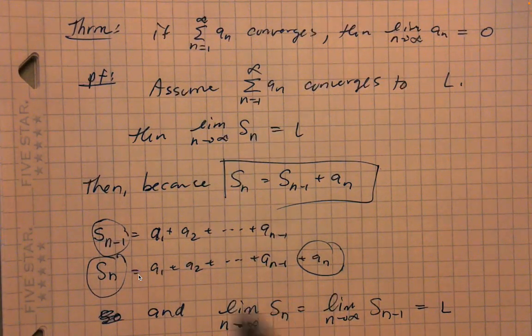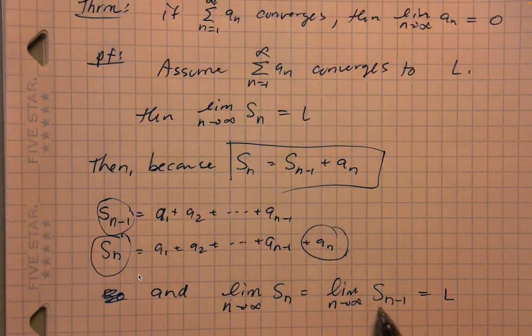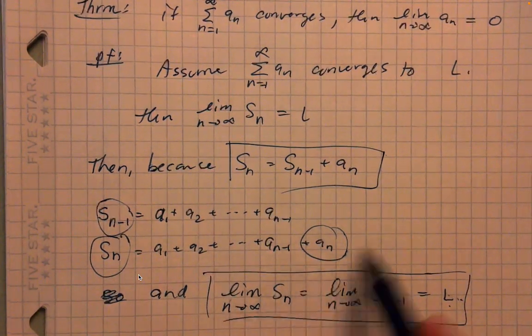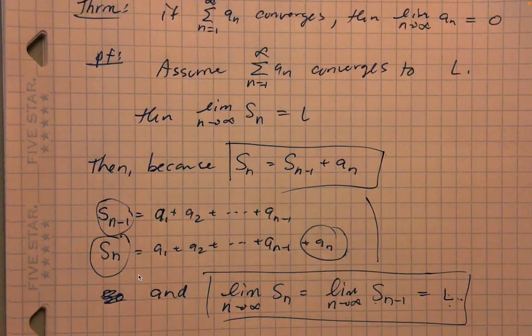The limit of the nth partial sum has to be equal to the limit of the n minus 1 partial sum as well. Just that shift by 1 is not going to change the limit. So both of these are equal to L. So you've got these two pieces here that are important, taken together.